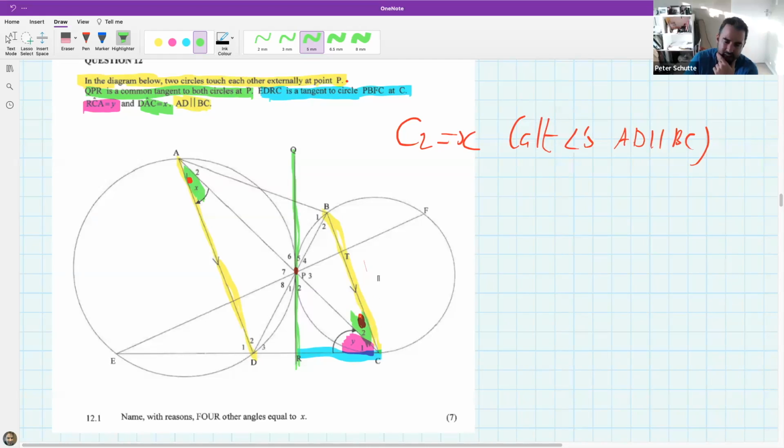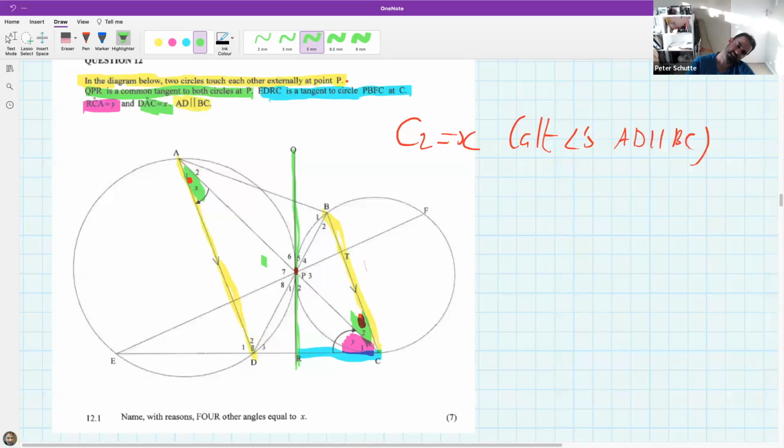What are the other angles equal to? Either this one over here or that one over there. I'll give you a little bit of time. Keep phoning in. So quite a few students are saying angles in the same segment. Now, we don't have angles in the same segment in this circle, but we do in this one. And you're right.